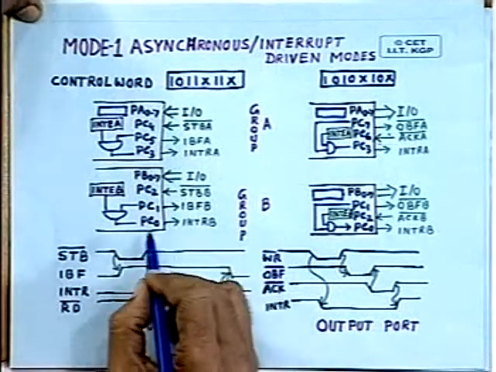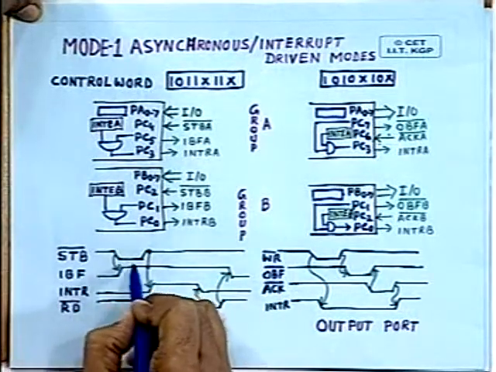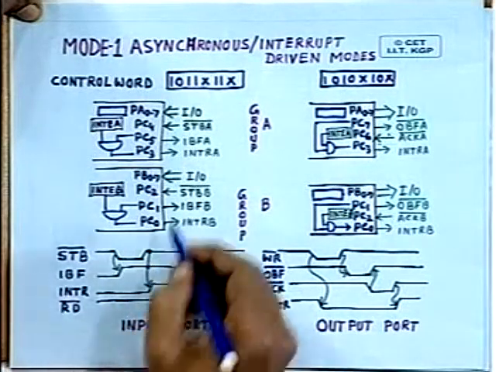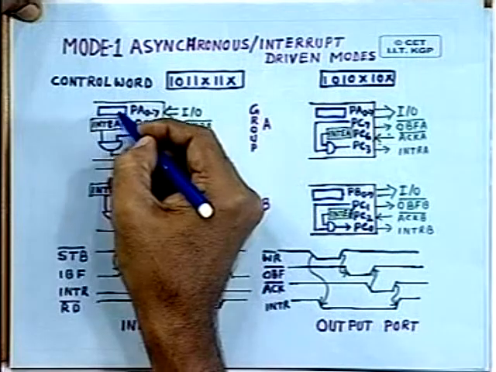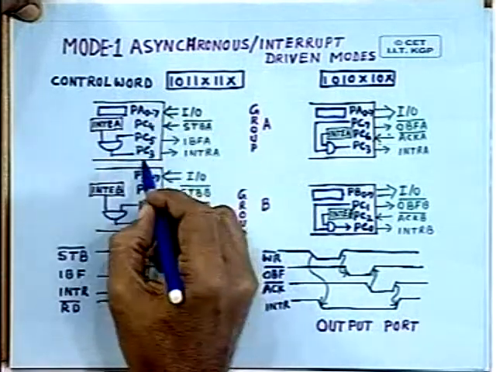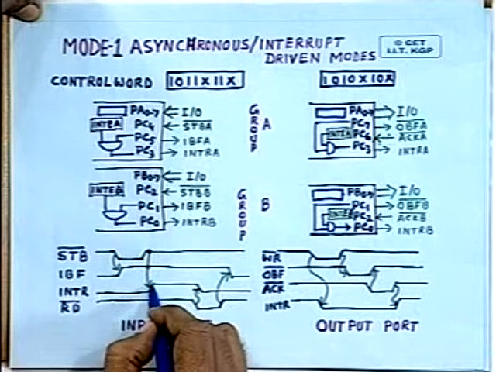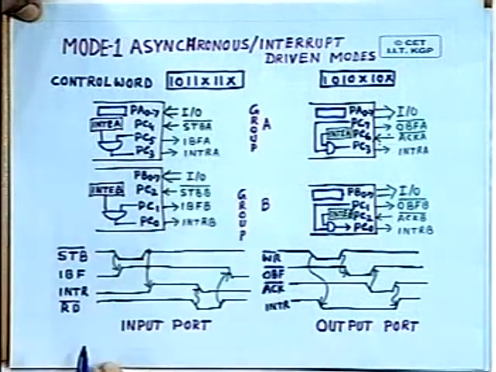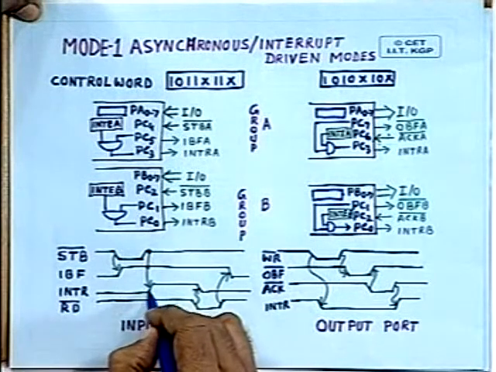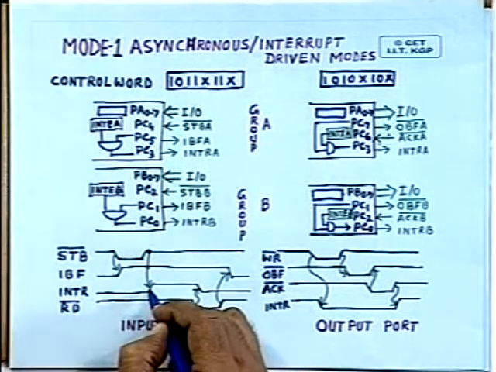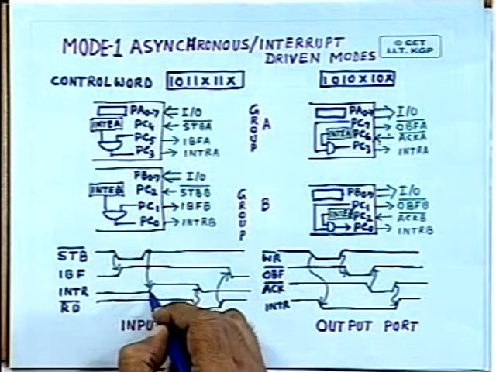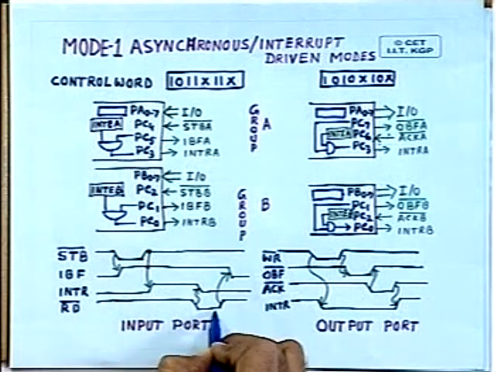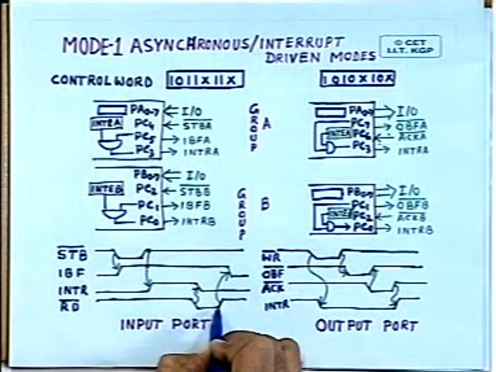In input port, it works in this way. Whenever the data is strobed, as you can see here, the interrupt line goes high. That means whenever the IO device latches some data into this register, the INTRA interrupt line goes high. So this is connected to one of the interrupt lines of the microprocessor, and as a consequence of that, the microprocessor will jump to some interrupt service subroutine, and as part of that interrupt service subroutine, it will execute an IN instruction which will generate a read signal.